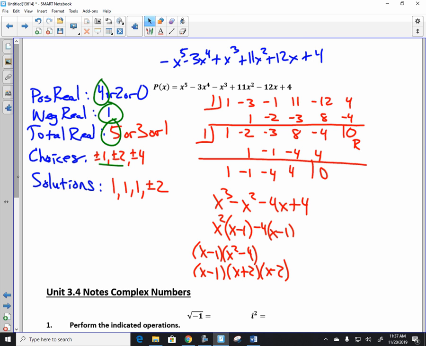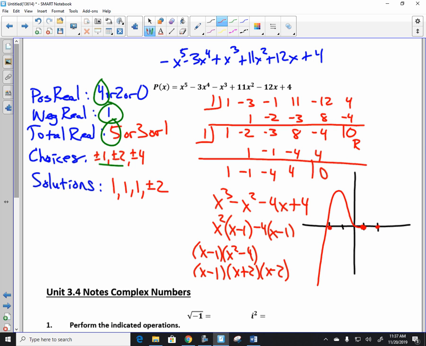And if you sketch the graph, knowing what we know, it's got a triple root at 1, a single root at 2, and a single root at -2. All of a sudden, Descartes takes a quintic polynomial, dissects it, confirms his answer, and graphs it like that.